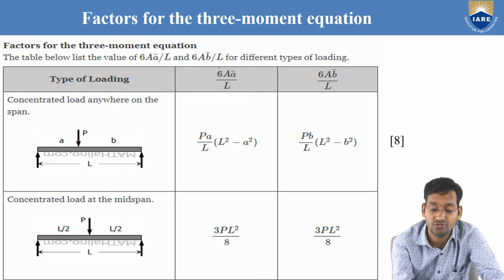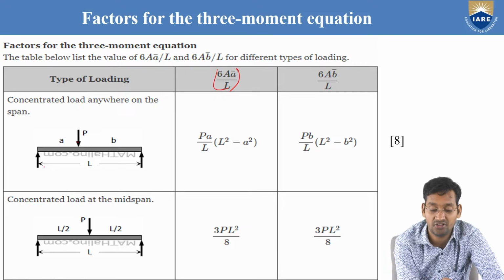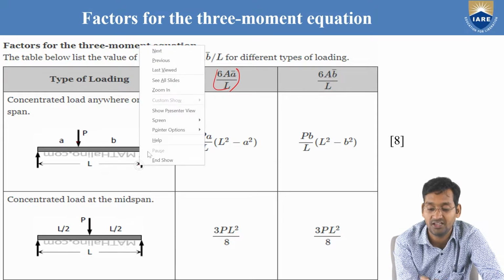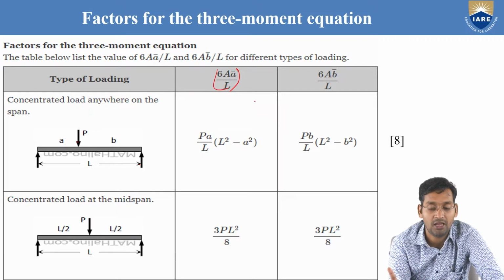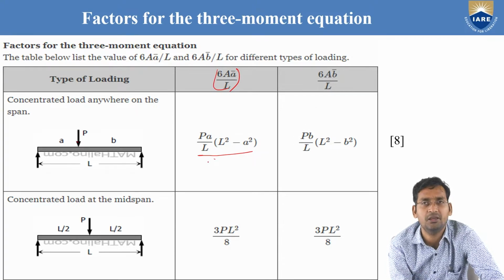So for this value 6A A dash by L, right, if L is the total span, there we have taken L1, L2. So for 6A A dash by L, we have to just write this value. You can find the moment also, you will get the same: PA by L into L square minus A square.